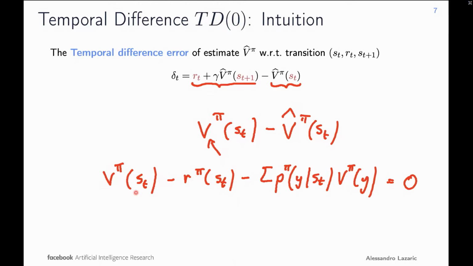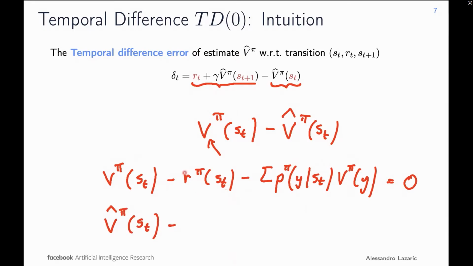Now let's try to derive the equation up here. In a very intuitive way, I say, okay, I don't really have v pi, and I want to measure how much v hat is not behaving like a function satisfying the Bellman equation. So I will put here my estimate.